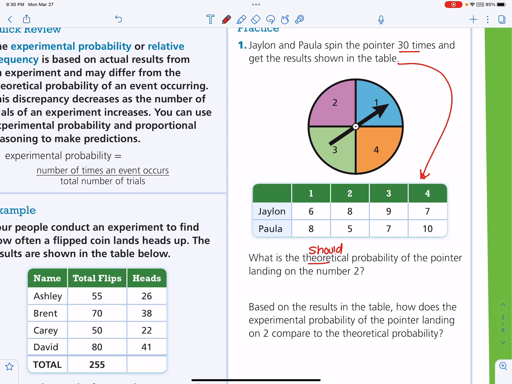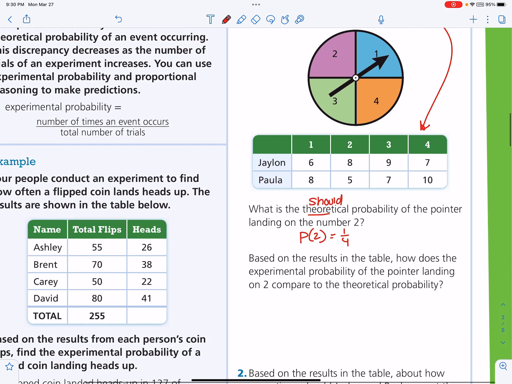Well, there's only one 2. So the probability of landing on a 2, if I'm using this probability notation here, is 1/4 or 25%. Based on the results of the table, how does the experimental probability of the pointer landing on 2 compare?